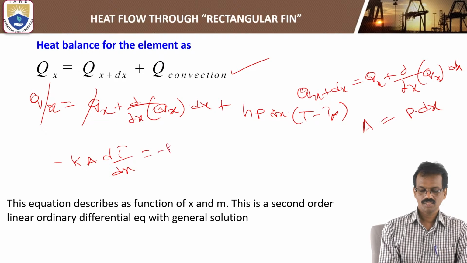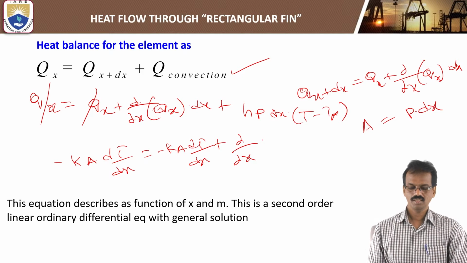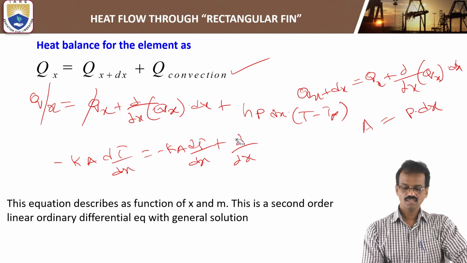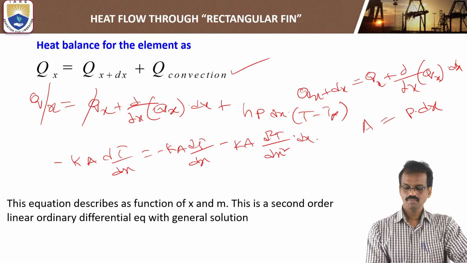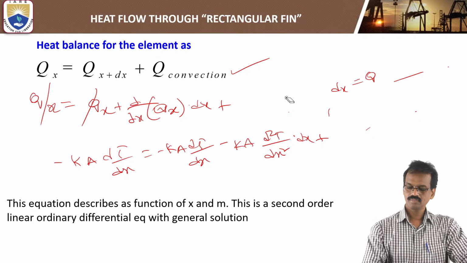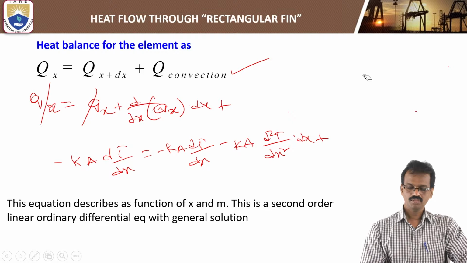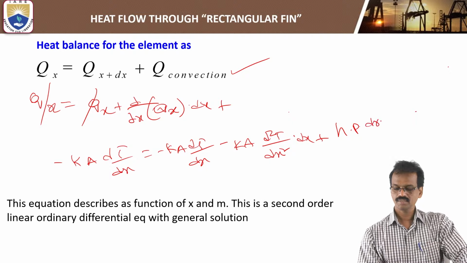Here also minus kA dT by dx plus dou by dou x of minus kA dT by dx, which we can rewrite as minus kA d square T by dx square into dx, plus the convection heat h P dx into the temperature drop T minus T infinity.